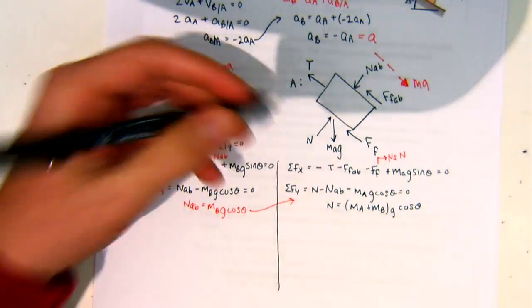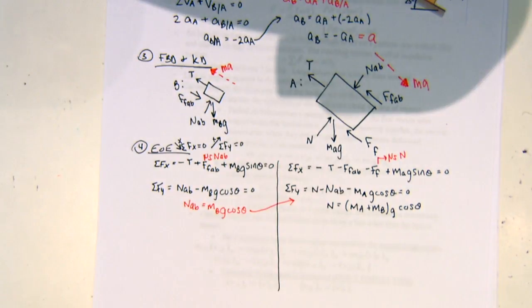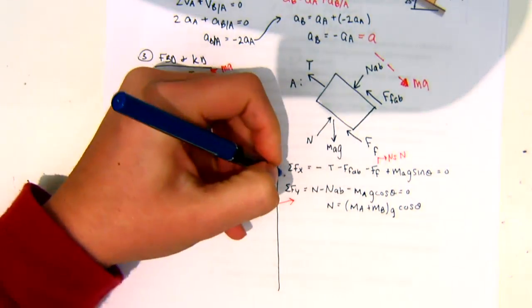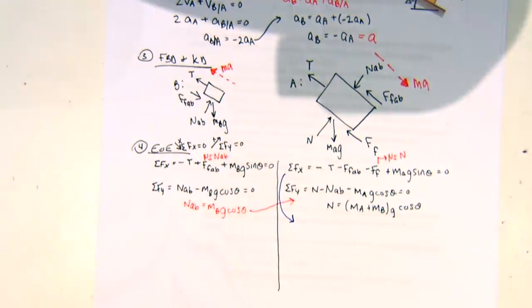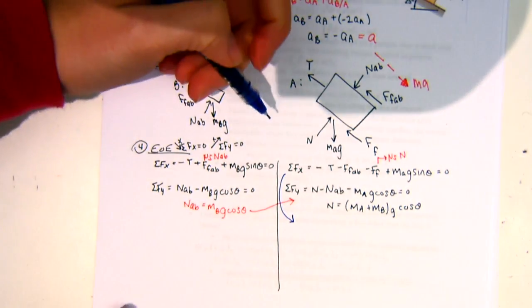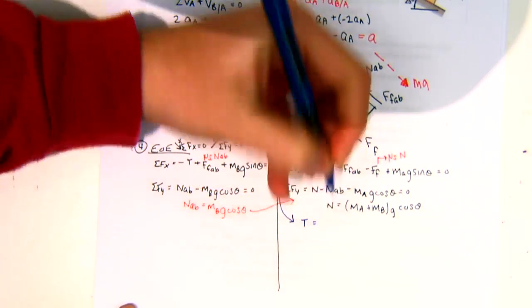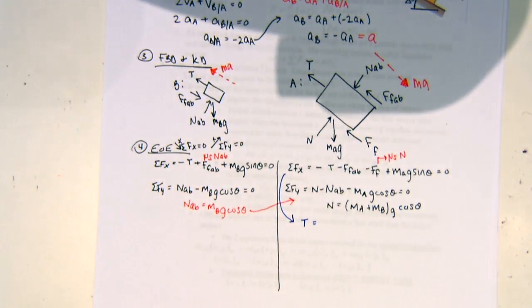So from my sum of forces in X equation for A, I'm going to solve for the tension. So I can say that the tension developed in the cable. So we know that between the two blocks, that tension's going to be the same, right? So essentially what I'm going to do is solve for tension for both of them and then equate them.